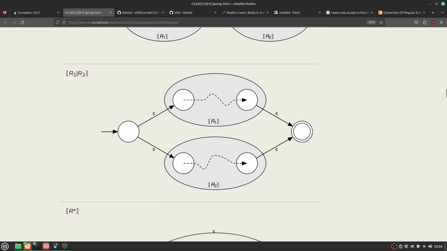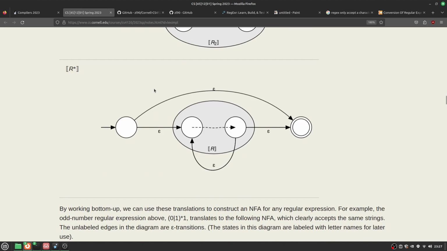R1 or R2, so the union of R1 and R2. We can start in R1 or R2, and we can end at the end of R1 or R2, and they don't intersect. So the translation of the regular expression R, the Kleene closure of R, we start here.